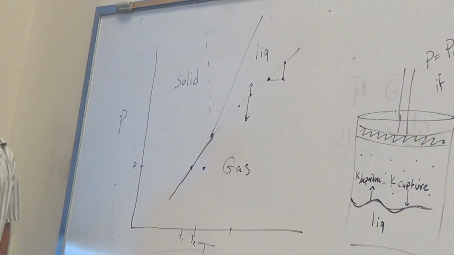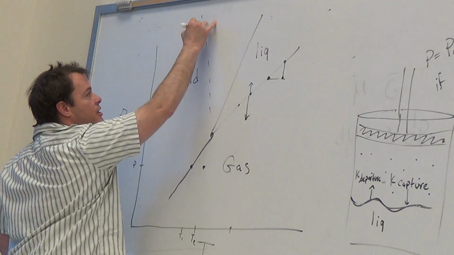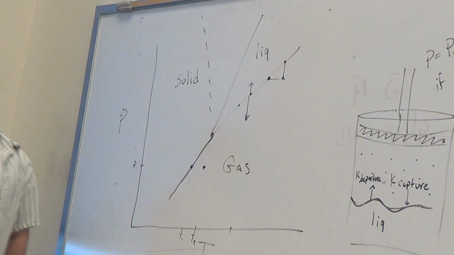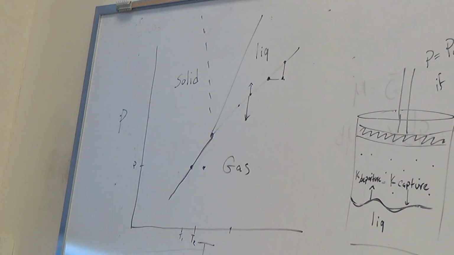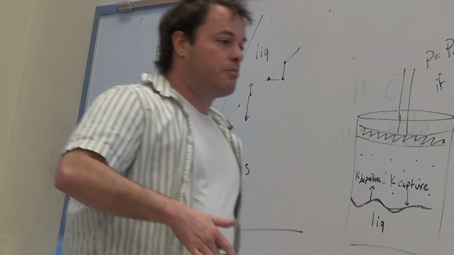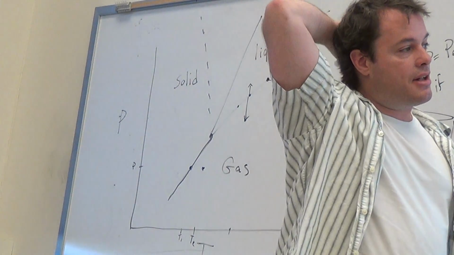Water looks like that. The solid to liquid boundary for water has a negative slope, and that's because delta V for the water solid to liquid transition ends up being negative. And so water has a negative slope.